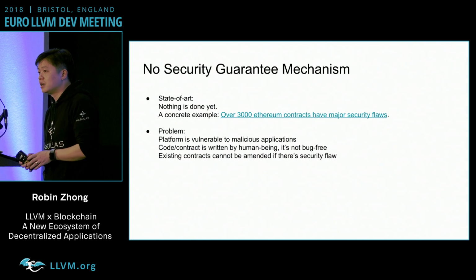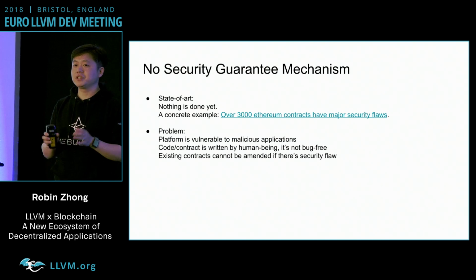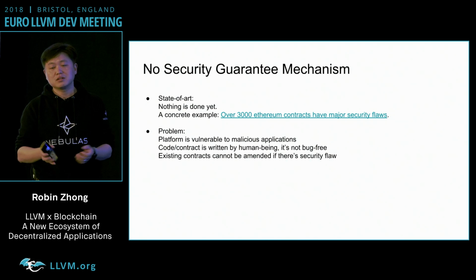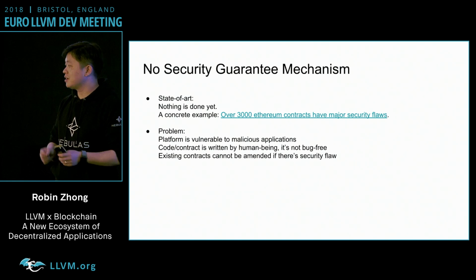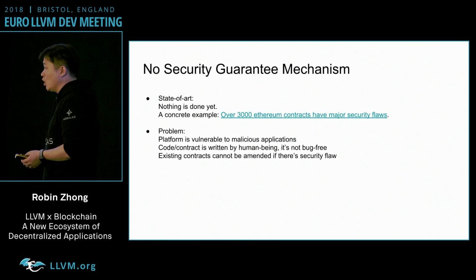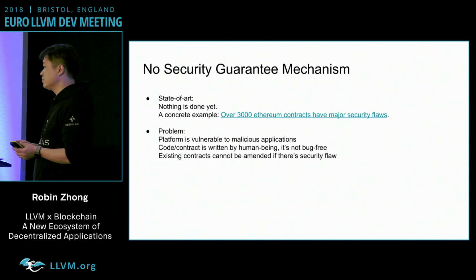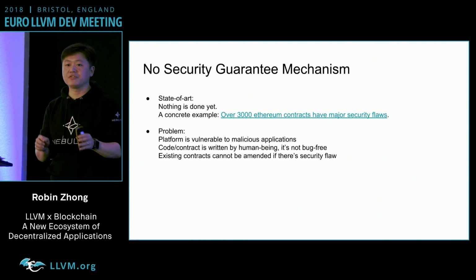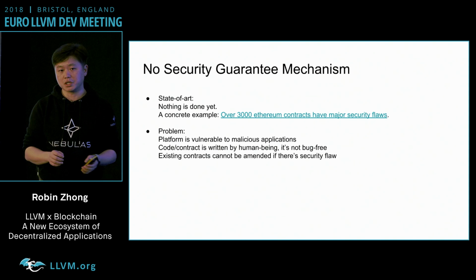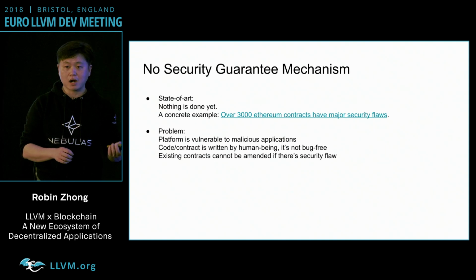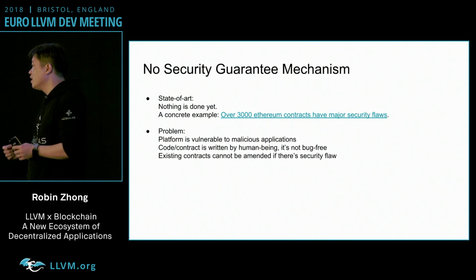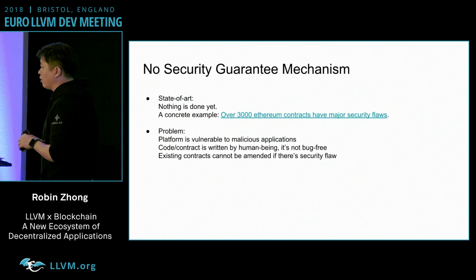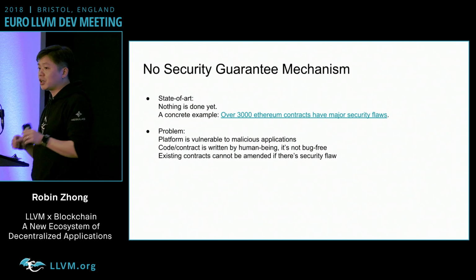So in that case, the community of Ethereum split. One part thinks, yes, there's a security issue, we should fix it. So Vitalik did a hard fork to revoke all those transactions. Another part thinks, yeah, in our blockchain world, there's a statement named code is law.